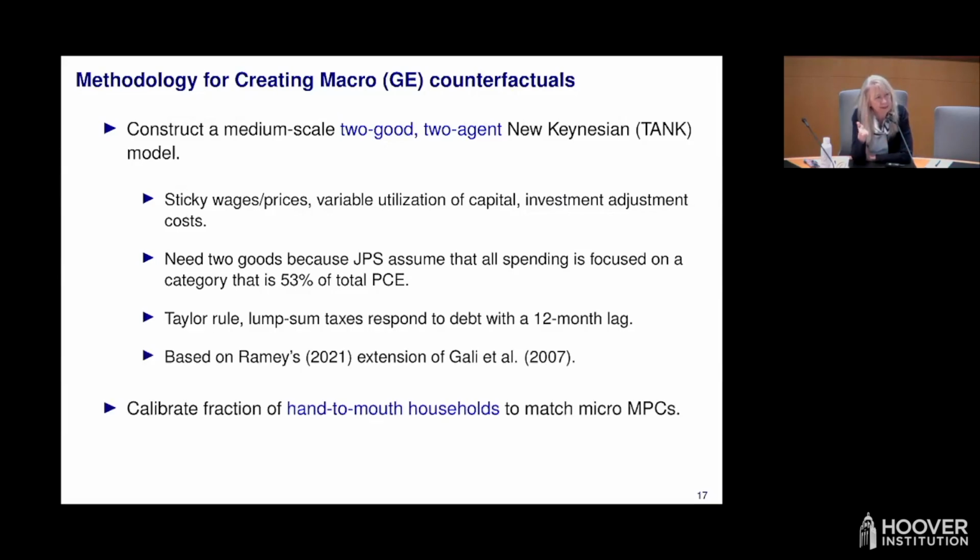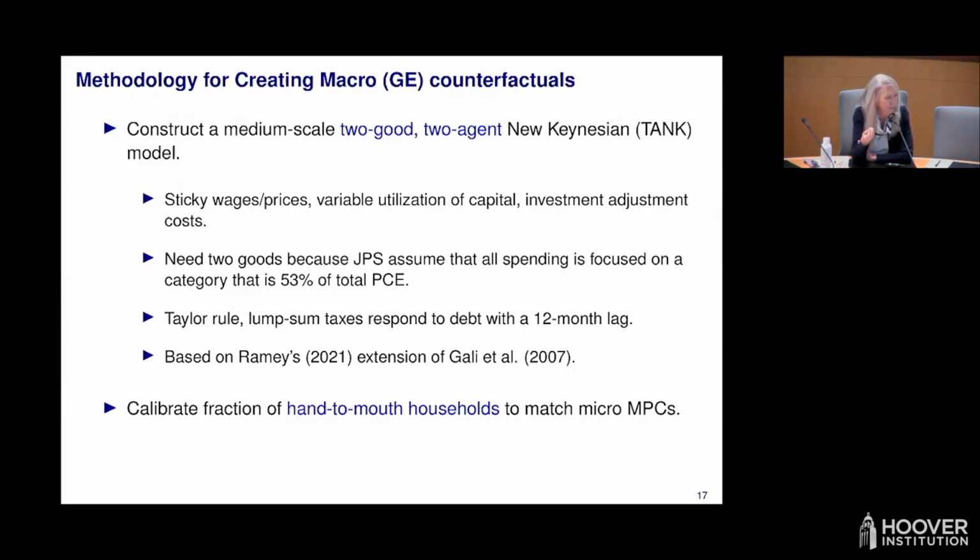In my infrastructure paper, I had extended Jordi Gali et al.'s model to update a few things, and I had infrastructure spending at that time. But then we just take that, it has the bells and whistles of a medium scale New Keynesian model. It has the sticky wages and prices, variable utilization of capital, investment adjustment costs.